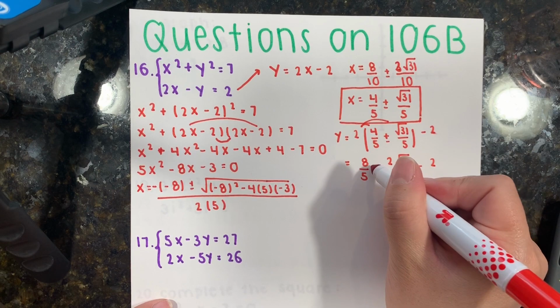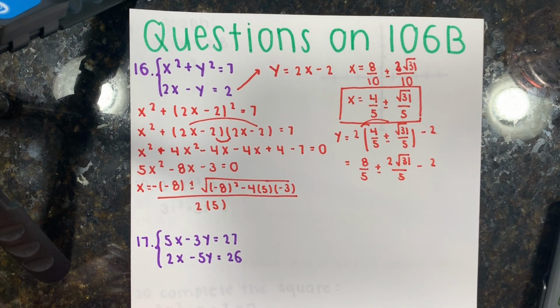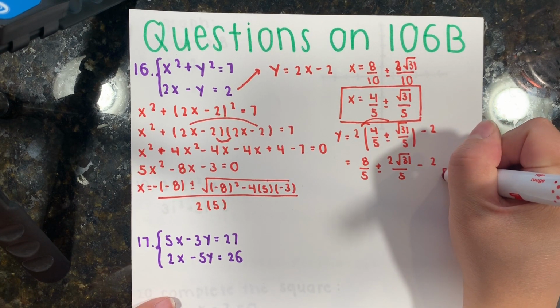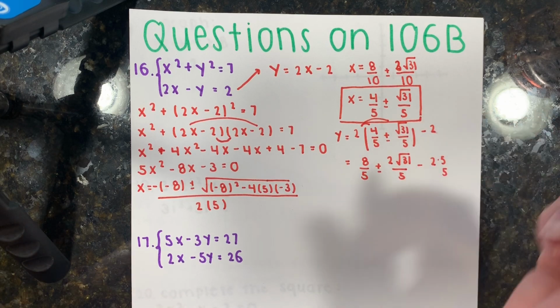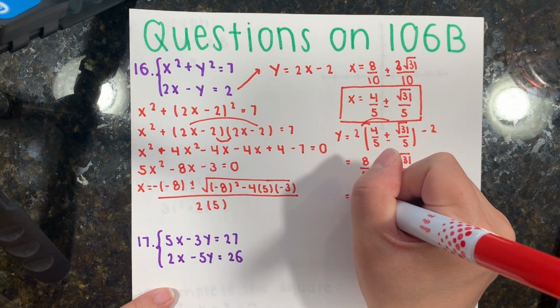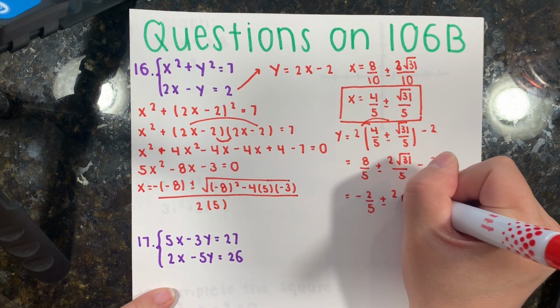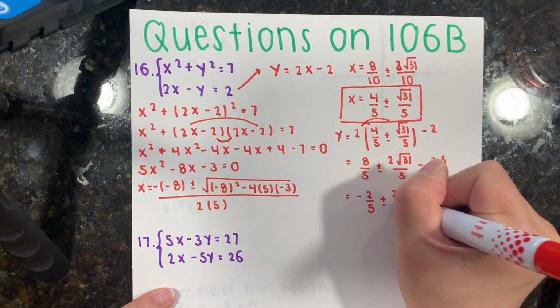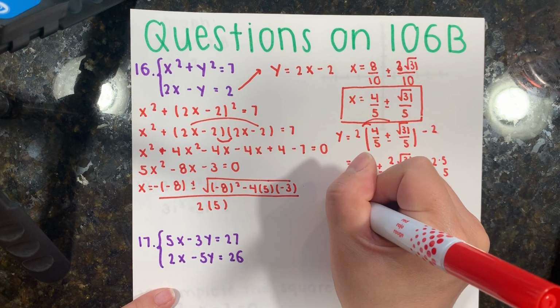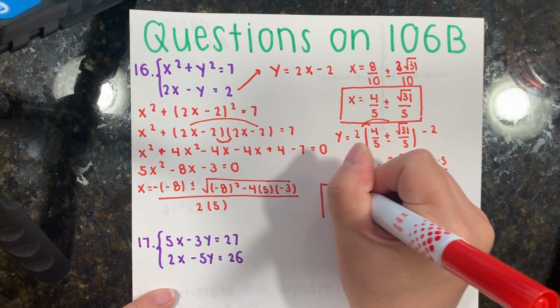And I want to combine this 8 over 5 and the negative 2. So I need a common denominator of 5. So 8 minus 10 would be negative 2 over 5 plus or minus 2 root 31 over 5. And that would be what y is equal to.